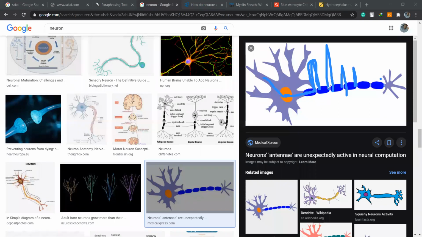Then another action potential takes place at another node of Ranvier, and so on. That's what happens. So if, let's say, within one axon, we have 5 nodes of Ranvier, it means 5 action potentials will take place at these nodes of Ranvier.